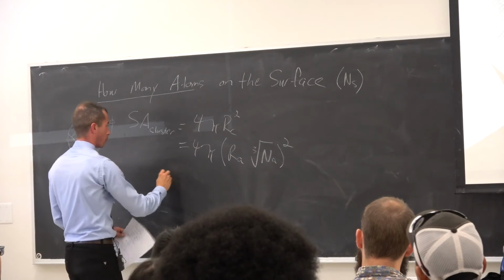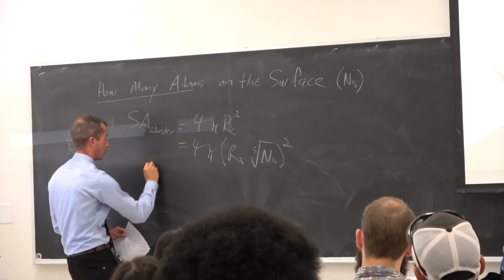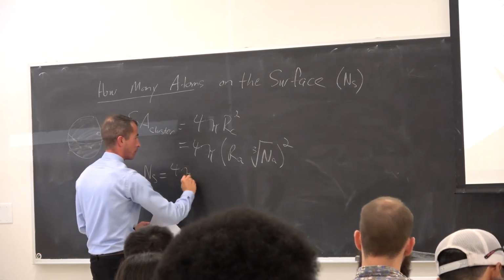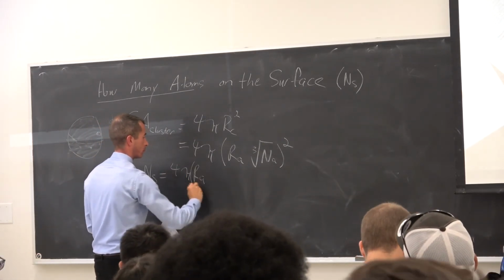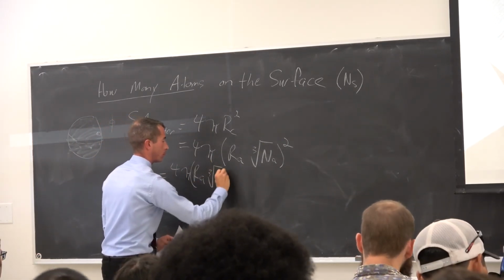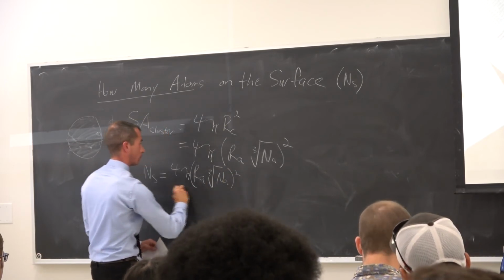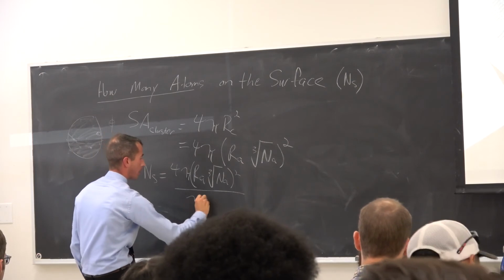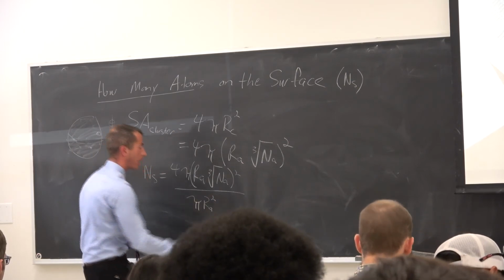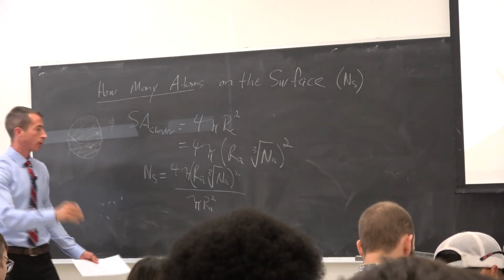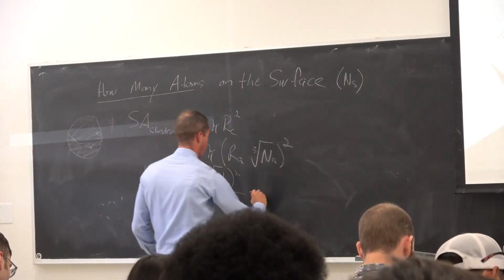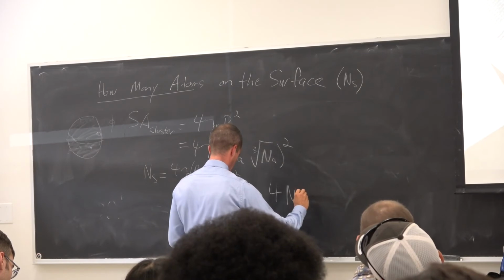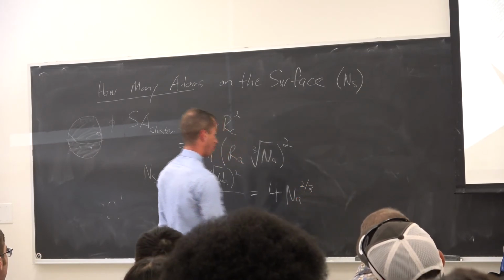Then the NS, the number of atoms, is this over the cross-sectional area, which is just pi r squared, right? And so then this solves for a to the 2/3.